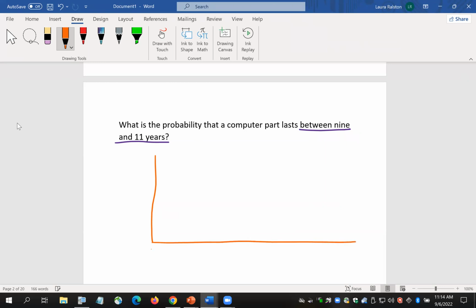Again, we have our continuous probability distribution, and theoretically it does go to infinity. The mean would be 10 because that's what we're told, and you have the exponential distribution. Again, it's by no means drawn to scale.